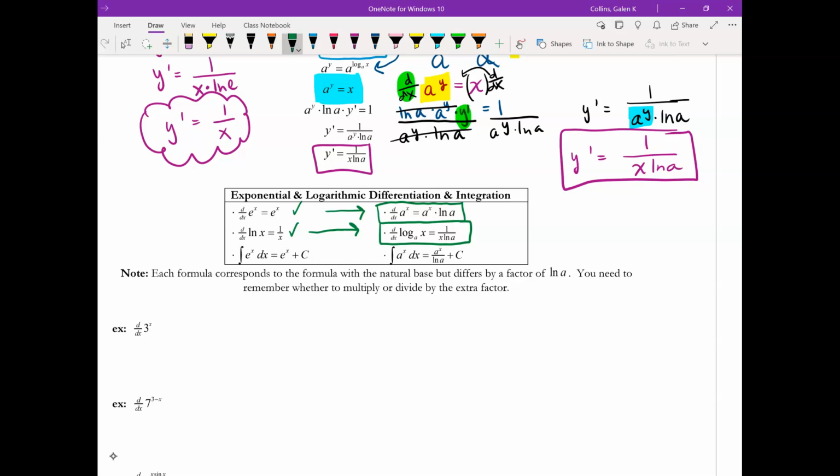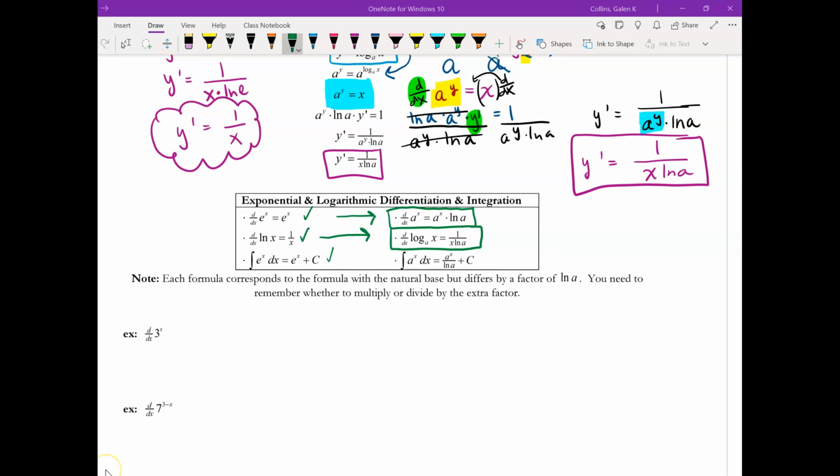And then lastly, we have this antiderivative rule that when I take the antiderivative of e to the x, we get e to the x plus c. Well, we can also generalize that when we take the antiderivative of a to the x, we get a to the x divided by the natural log of a. To prove this last integration formula and why this general form works, it's hard to do the proof.